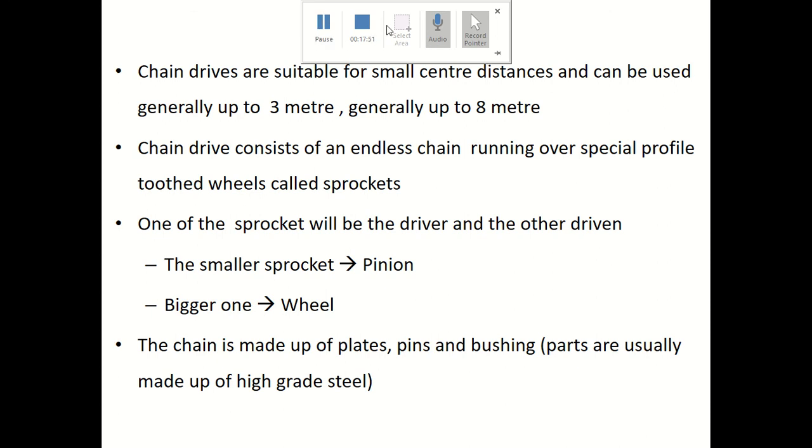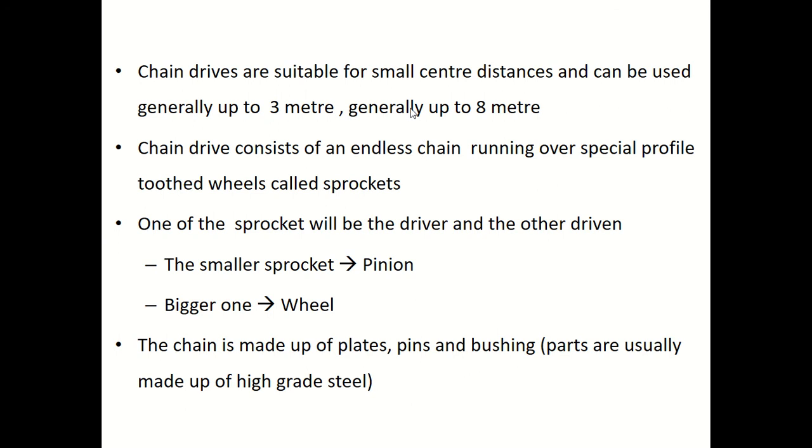The chain drives are suitable for small center to center distances and can be used generally up to 3 meter, but in special cases even up to 8 meter. Okay, this is wrongly written. So in special cases we use it up to 8 meter.